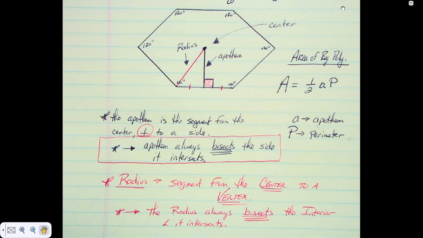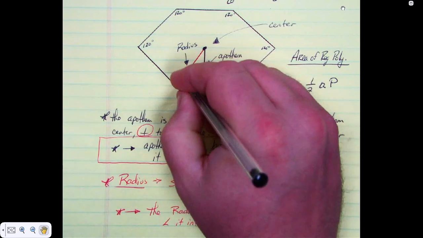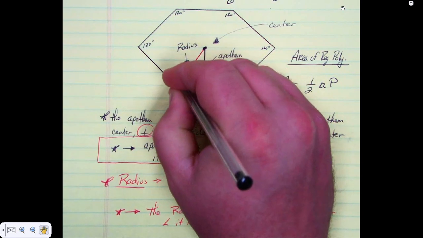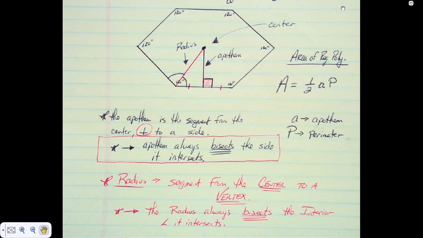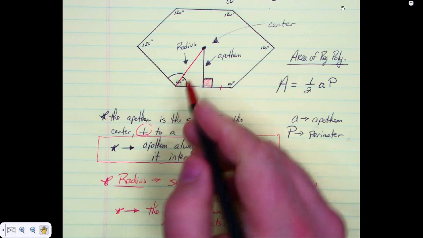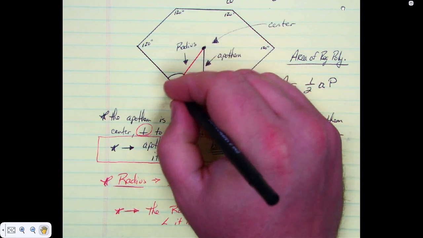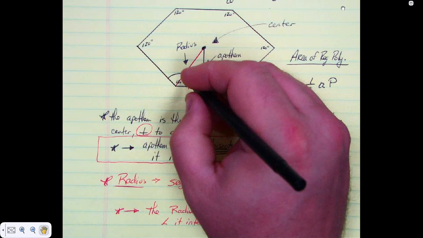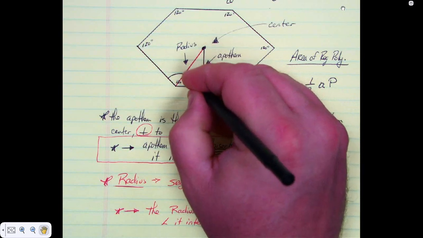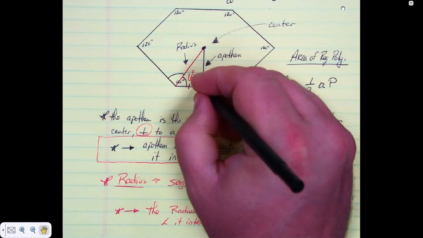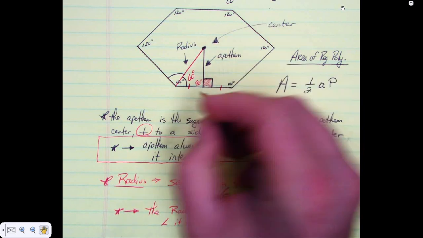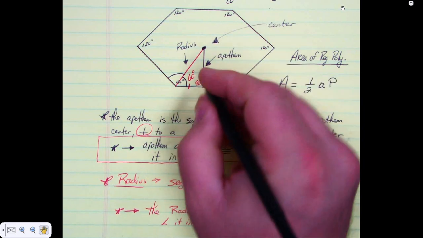Anybody? Nobody knows what bisecting an angle means? Cuts it in half. So this measure is congruent to that measure. Anything significant about the measure of that angle that's created with a hexagon? What is the measure of this angle then? The whole thing is what? So what's this one then? This one's 90, right? What's that one got to be?